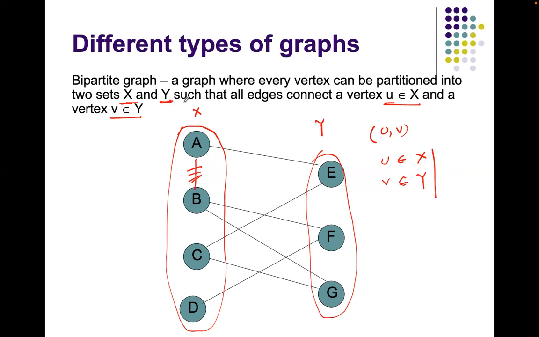All right. So where can we use a bipartite graph? Let's say we're making a matchmaking application. In this application, let's say we have only two sets: in one set we have a list of women, and here we have a list of men.